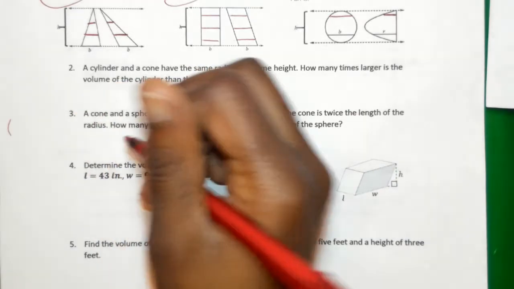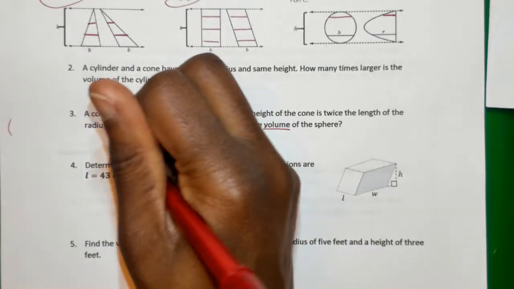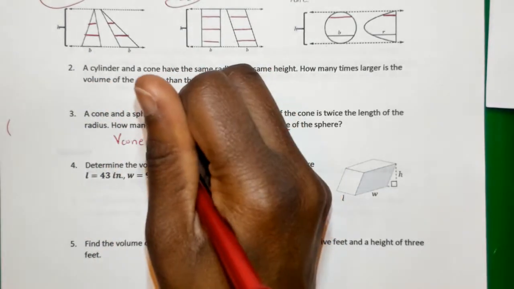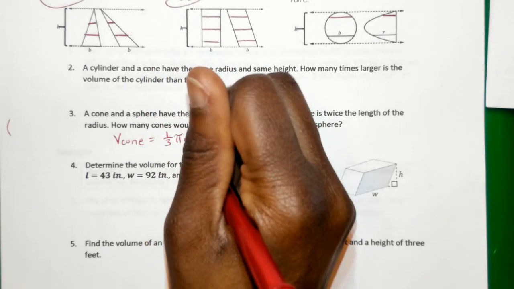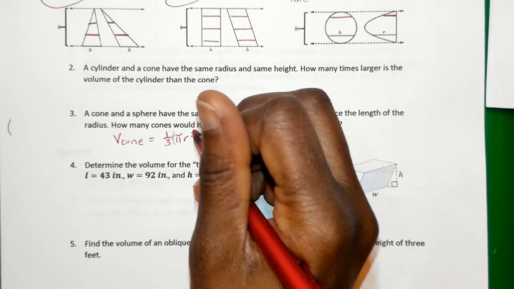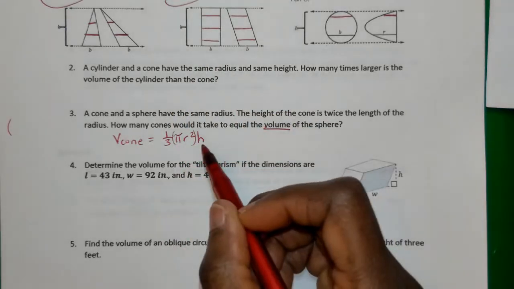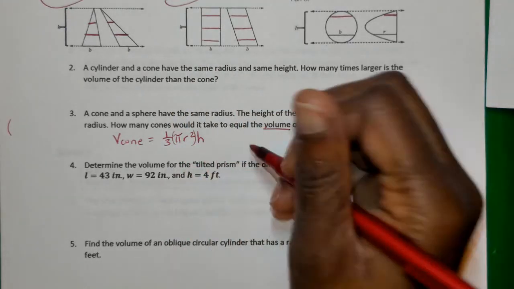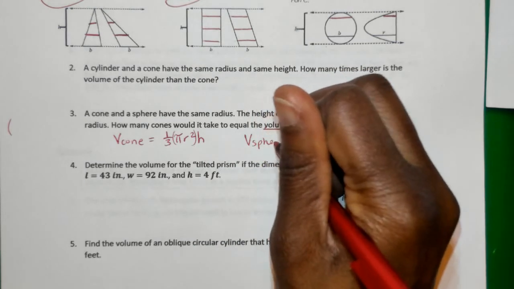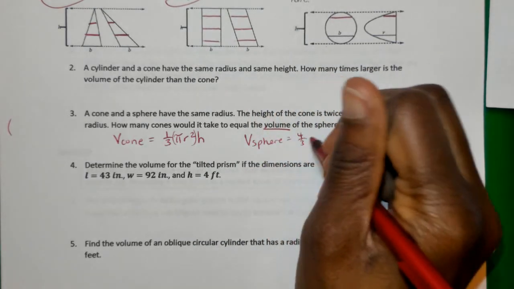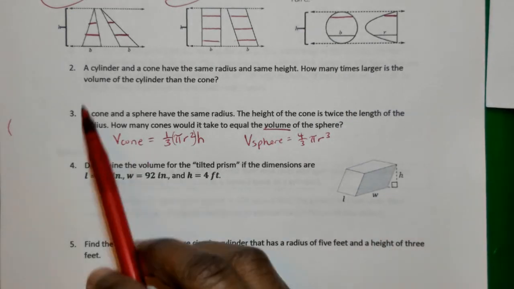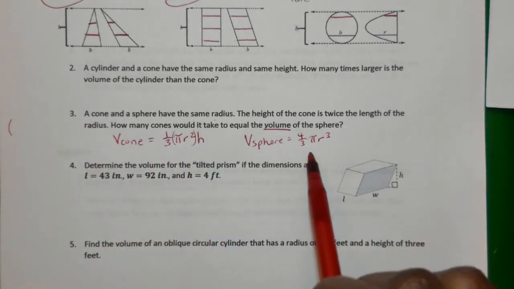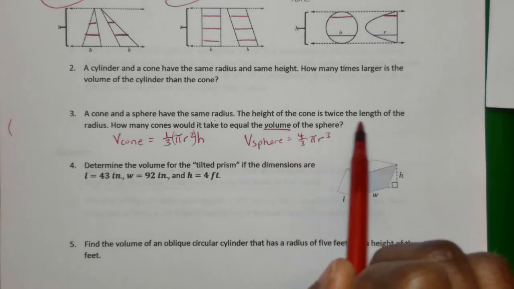And so we're looking at the volume of the 2 shapes, the cone, which was 1/3 because it meets at a point at the top, pi r squared h, so circular base, that's where the pi r squared is coming from, and then height of the cone, versus the volume of a sphere, which is just 4/3 pi r cubed. Okay, and then they tell us they have the same radius, so r is the same, and the height of the cone is twice the length of the radius.